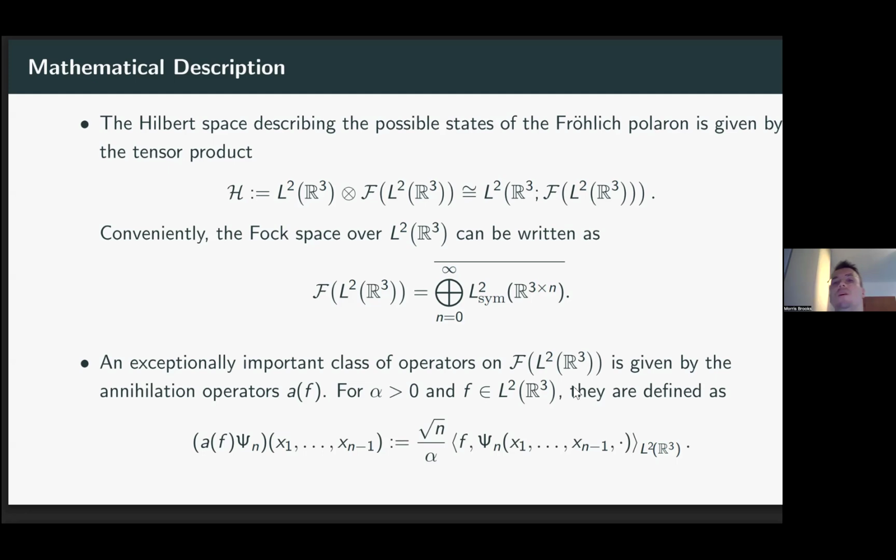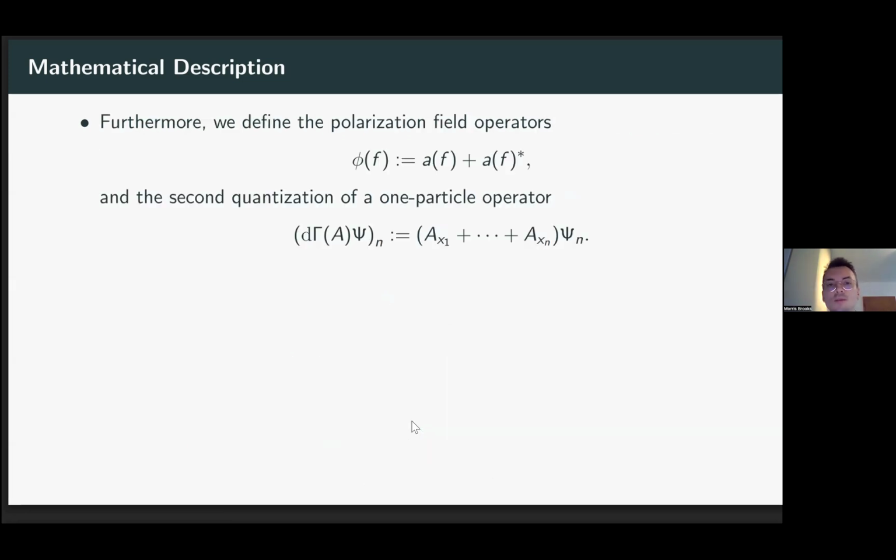Okay, so we have annihilation operators. They are great. There are, however, two more families I want to mention. First, I also want to define the polarization field operators, which is basically just you take the annihilation operator and add the adjoint, and this I call phi of f. This phi is the quantum counterpart to the polarization field I've shown you in the first picture, right? So out of creation and annihilation operators, we can immediately form the polarization fields.